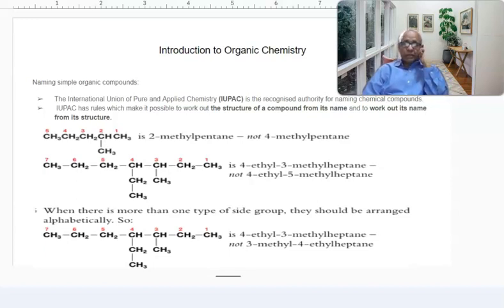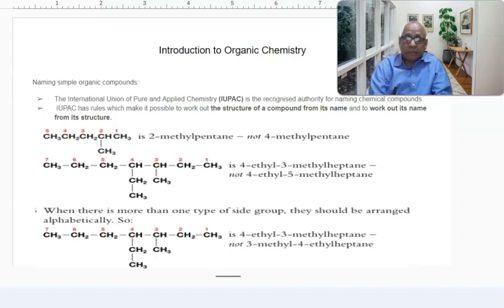I showed in this slide naming as per IUPAC system of some organic compounds, not all, of course. For example, we are naming pentane and branched pentane. When you name, we have to see about the long chain of carbon, and we have to identify the long chain of carbon first, and then look about the branched chain.